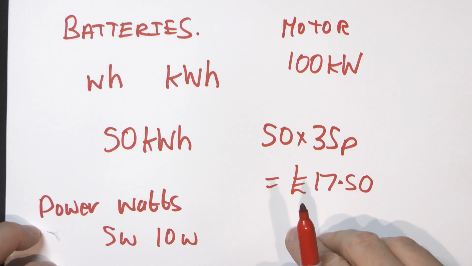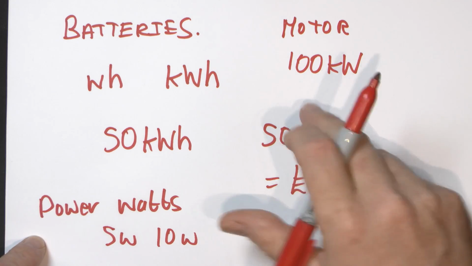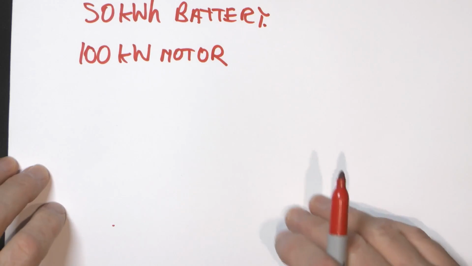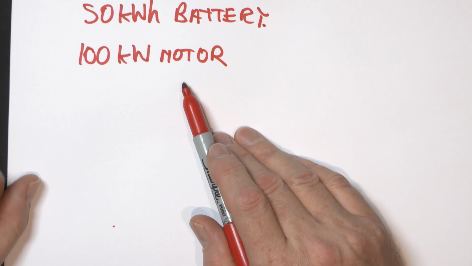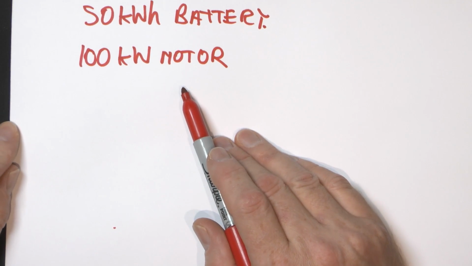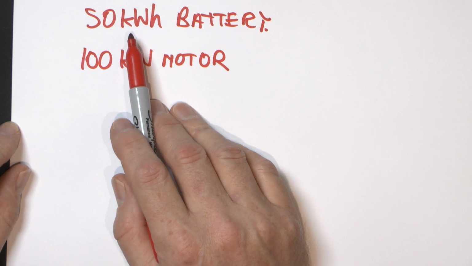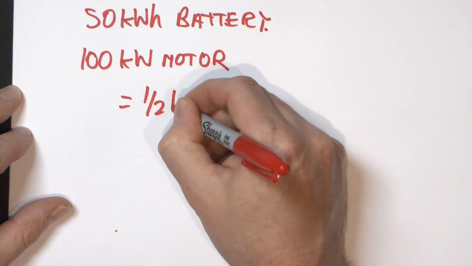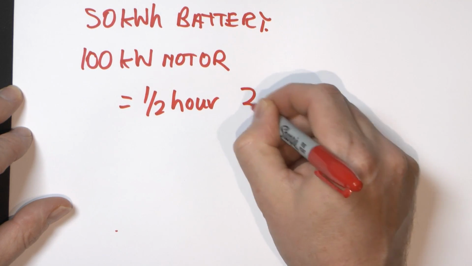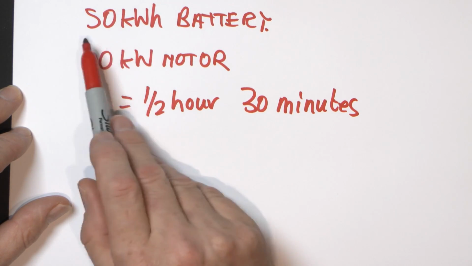In terms of how long batteries will last, that is actually fairly straightforward. We'll take the example of the electric vehicle. Now, if we use the full 100 kilowatts continuously, which is not realistic in a vehicle, but if you did, because we've only got 50 kilowatt hours, essentially that would run for half an hour, or in other words 30 minutes, and that's because 100 times a half is 50 kilowatt hours.